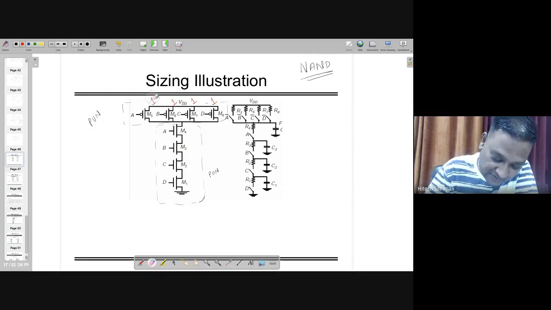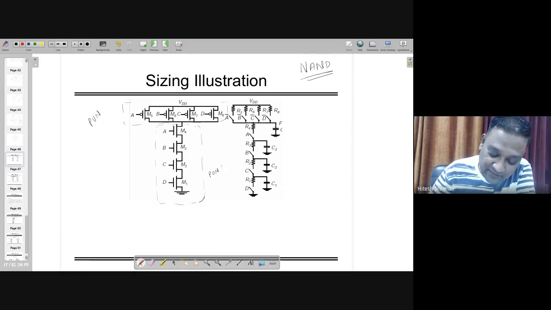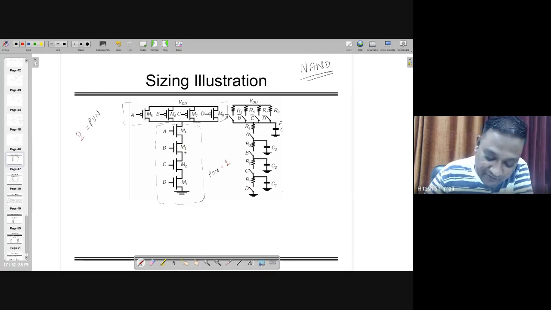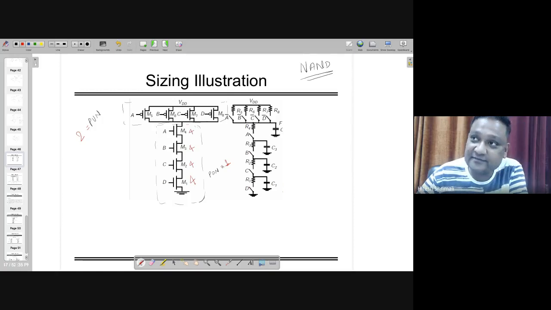Sorry, I made a mistake. Rather than this, we should start from here. Otherwise it will give the wrong answer, or it will be a fractional answer. Okay, so I want power down network as 1 and power up network as 2. So what value of M1, M2, M3, M4 will be there? If I keep all of them as 4, 4, 4 each, this will become 1, right?